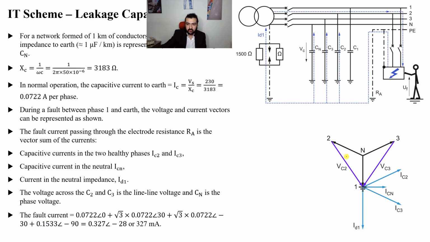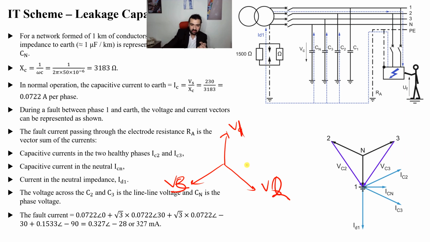Okay, now if you don't understand this one, you can do it normally like this. VA, VB, and VC, and do the same procedure. This one V1, V2, V3, get the line-to-line voltage and get the currents.